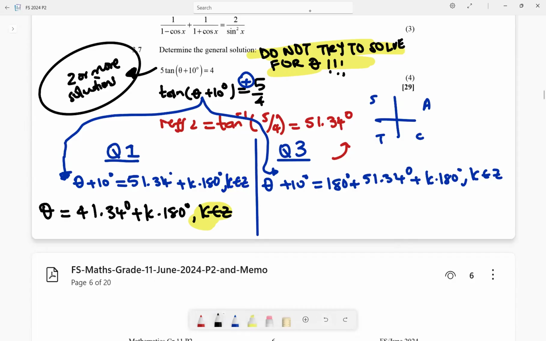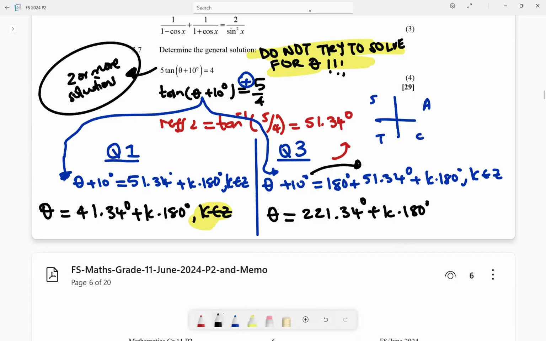Here you just say theta is equal to 180 plus 51.34 minus 10, which is 221.34 degrees, plus k times 180 degrees.